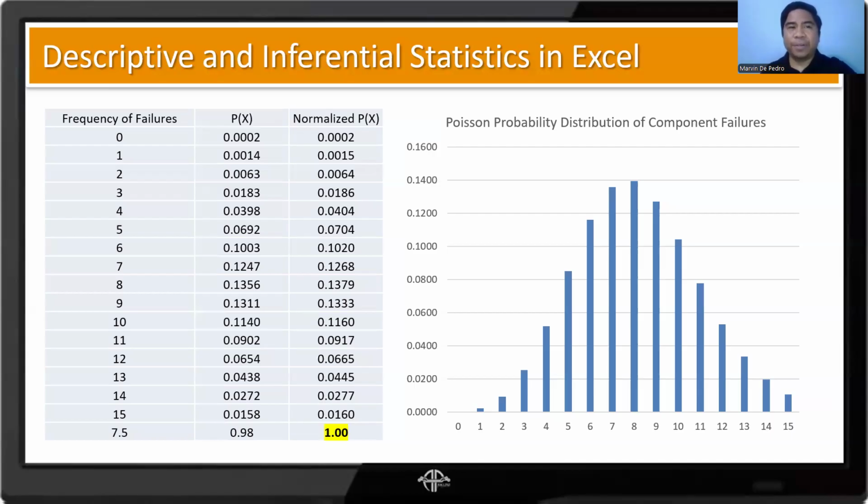But if we are just talking about whether we fail or pass, the frequency is different from the actual fail or pass. If we're just talking about fail or pass, we have two possible options. But if we are asking how many times did we fail, there could be a lot more than two.